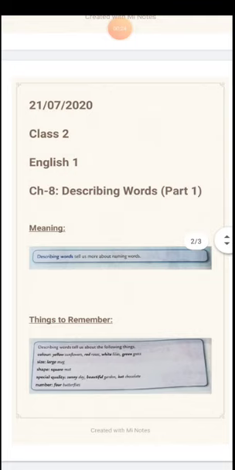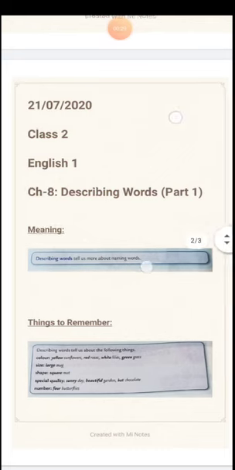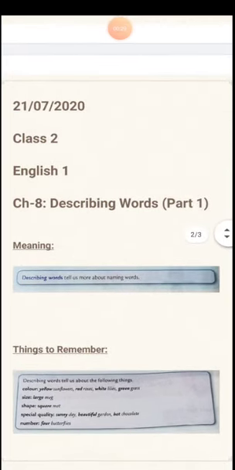Children, in our last online class, I discussed with you and explained about the describing words. Describing words are the words which tell us more about the naming words.